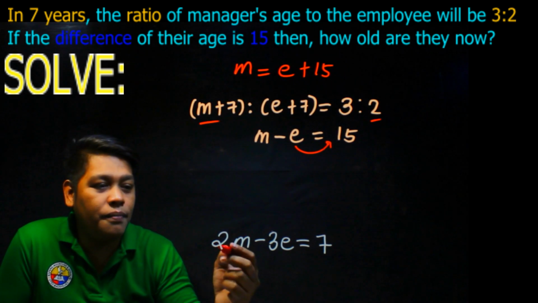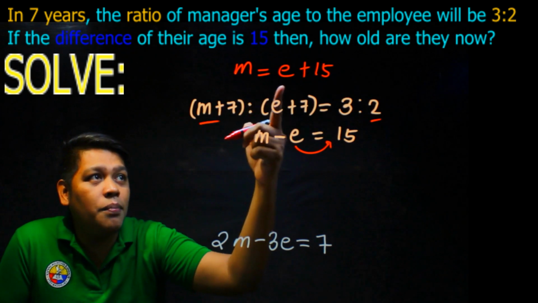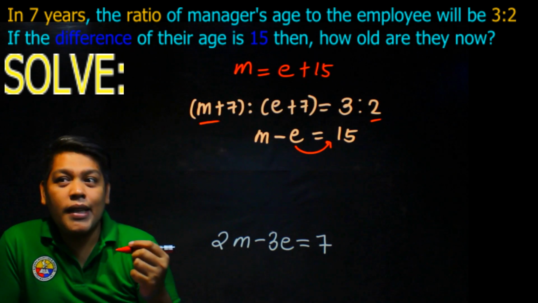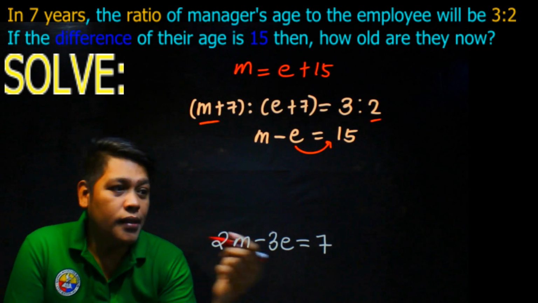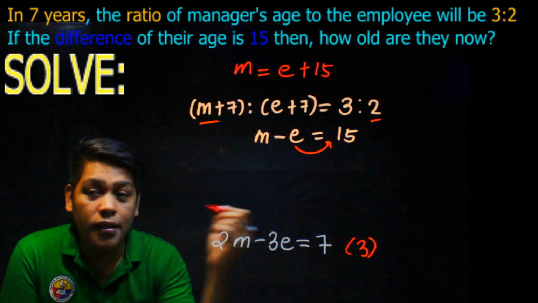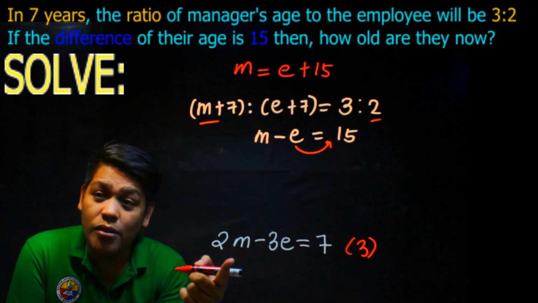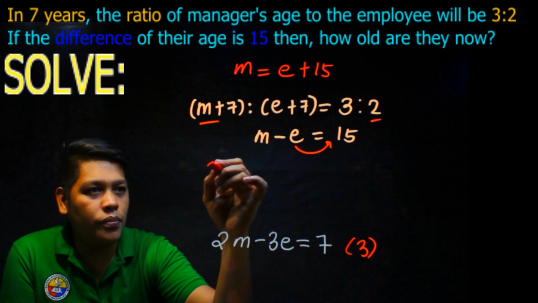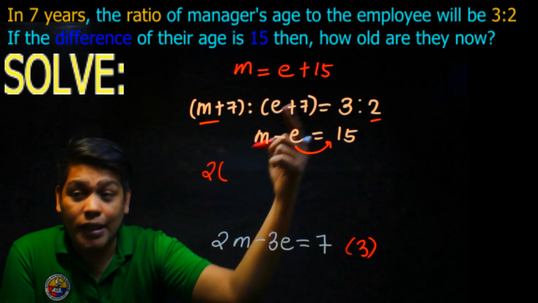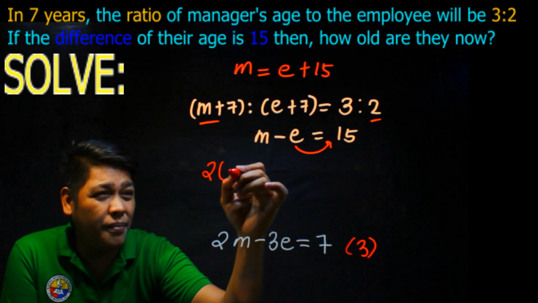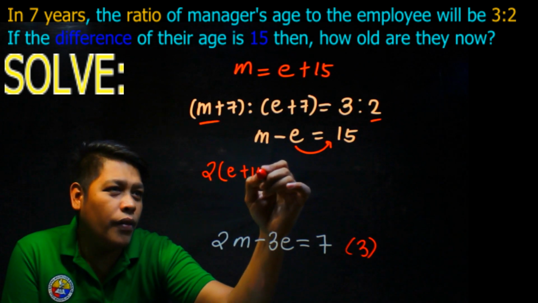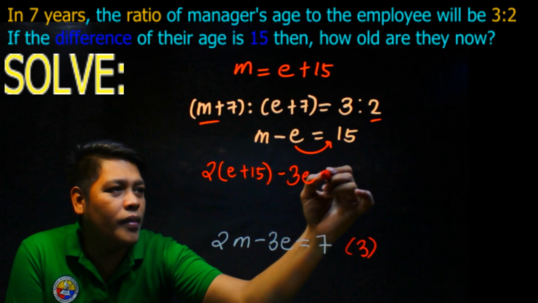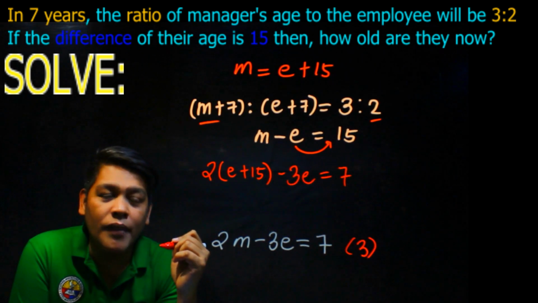So we can substitute this into our third equation, 2M minus 3E equals 7. We know that M equals E plus 15, so 2 times E plus 15, minus 3E equals 7.